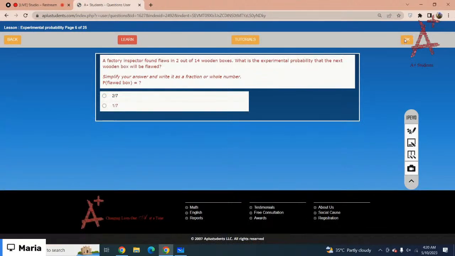Okay, the next one is a factory inspector found flaws in 2 out of 14 wooden boxes. What is the experimental probability that the next wooden box will be flawed? So, which is the correct option?